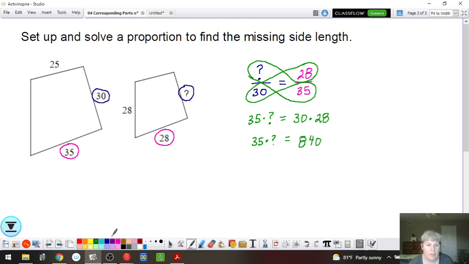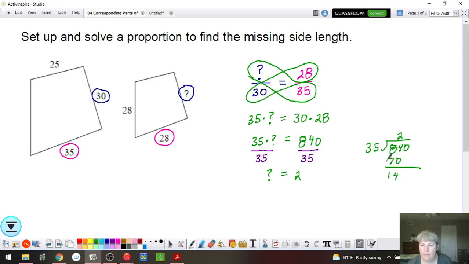Then, to solve for the question mark, I need to divide both sides by 35, and my question mark is going to equal, let's see, 35 goes into 84 twice, with 14 left over because 2 times 35 is 70. And actually, I'm just going to do it this way. I'm just going to go off to the side, do it longhand. 35 goes into 84 twice. 2 times 35 is 70.